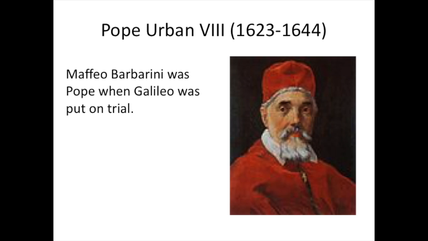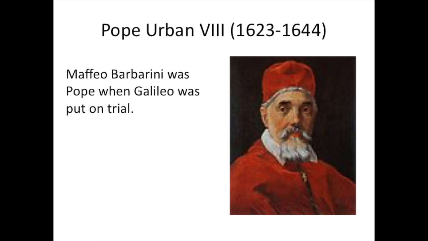Okay, and then finally we get Pope Urban VIII, 1623-1644. And so he was the Pope when Galileo was put on trial. So his Dialogue Concerning the Two Great World Systems, I think, comes out in 1632. Galileo was led to believe that Pope Urban VIII would be sympathetic to his support for the Copernican view of our solar system, and it's possible that he was intentionally misinformed by some Jesuits, or maybe it was just an accident.